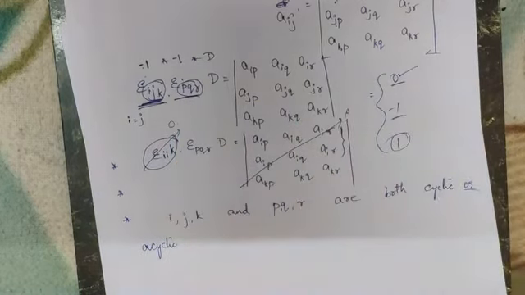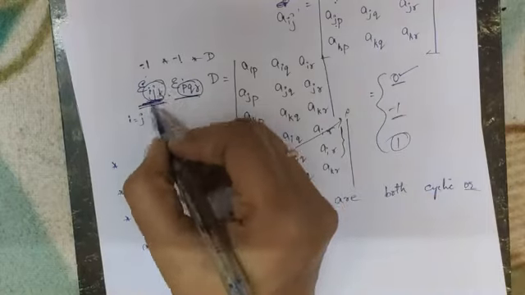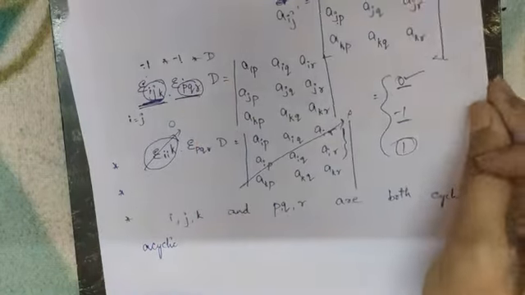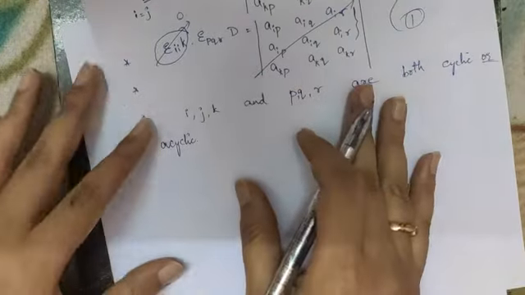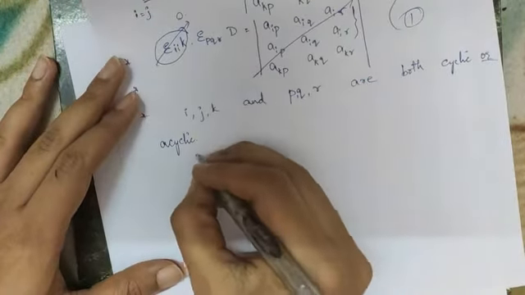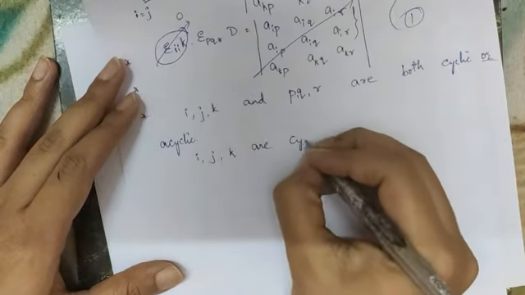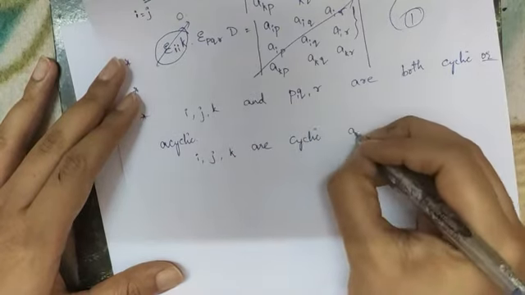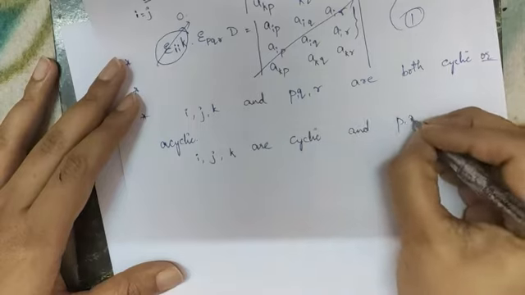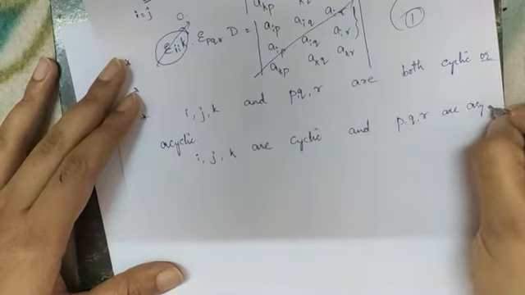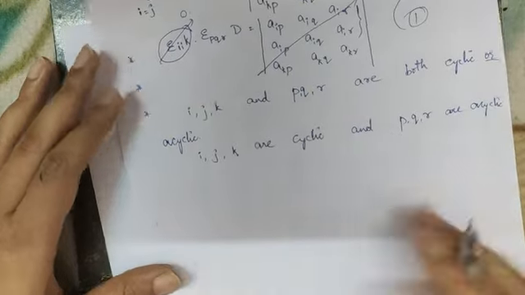Right? So now what I will consider is that one is cyclic and another one is acyclic. So if I consider it that way, that means I have ijk cyclic and pqr acyclic.